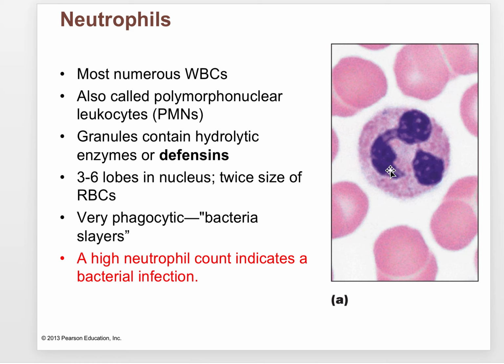This can be measured in the laboratory setting, and when you get an order of CBC, or complete blood count, with the differential, it gives a percentage of the white blood cells being neutrophils, lymphocytes, or the other types. So if you get a differential with a high neutrophil count, you're more than likely dealing with a bacterial infection. That's why it's important to know the neutrophils indicate a bacterial infection.